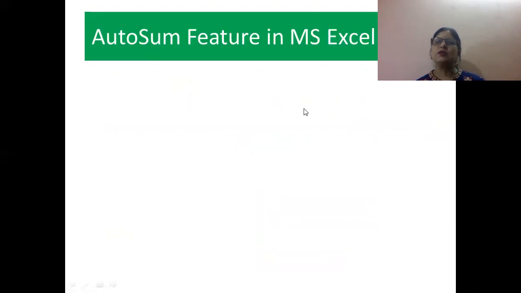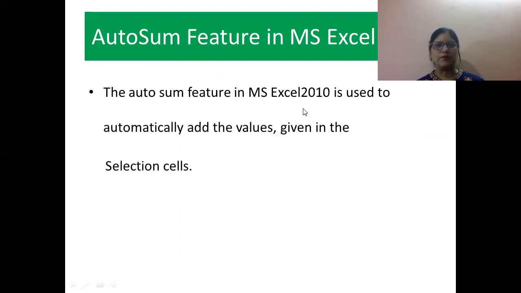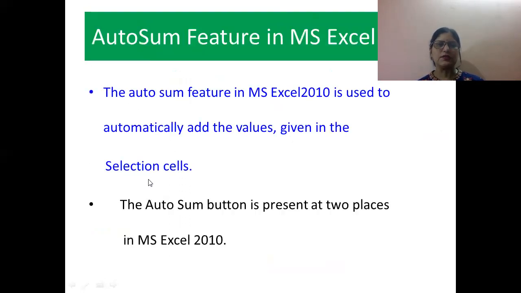AutoSum feature in MS Excel 2010. The AutoSum feature in MS Excel 2010 is used to automatically add the values in the selected cells. The AutoSum button is present at two places in MS Excel 2010.